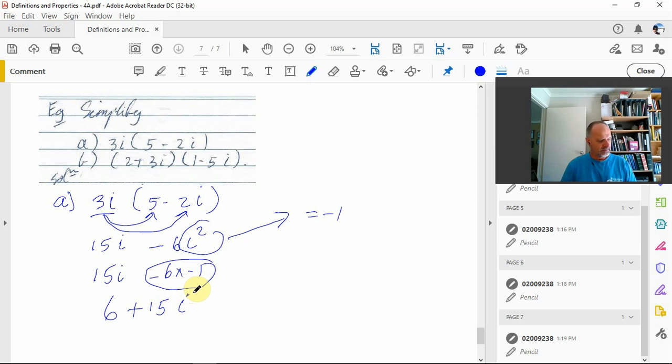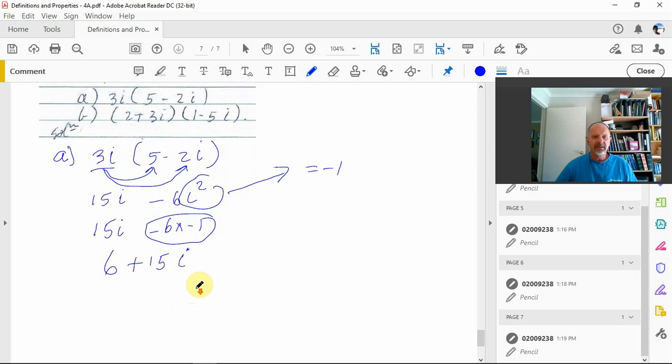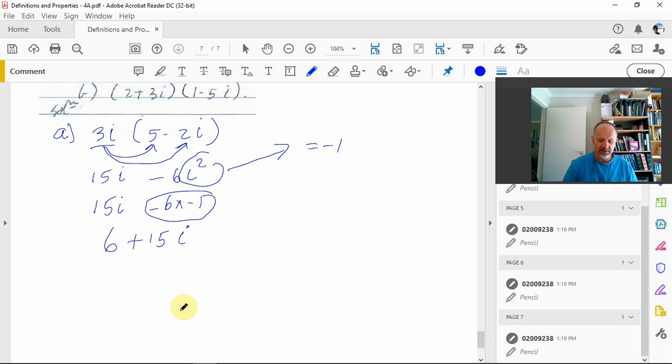All right, so then the next one is 2 brackets, 2 plus 3i times 1 minus 5i, and so then we use the FOIL or whatever other method you use. So for me, I go 2 times 1, which is 2. Then I'll go 2 times -5i, so 2 times -5 is -10, and the i is there, of course.